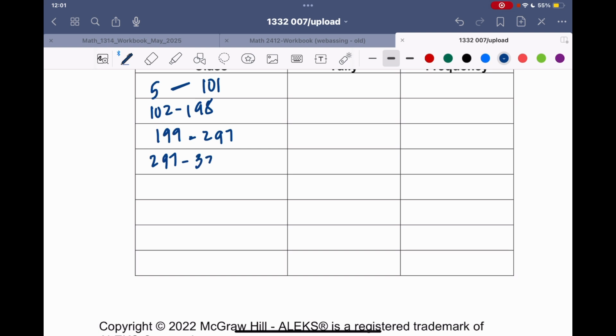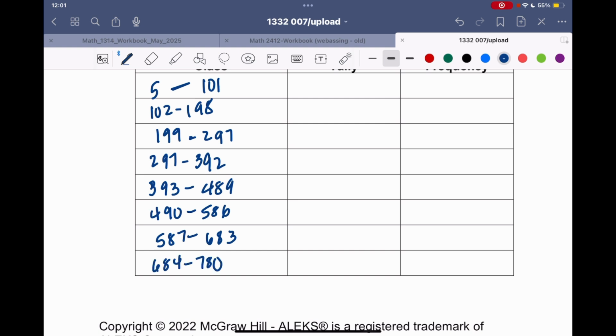I'm mixing my numbers around. 297 to 392, 393 to 489, 490 to 586, 587 to 682, 683, and then 684 to 780.